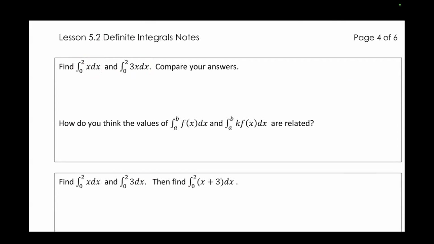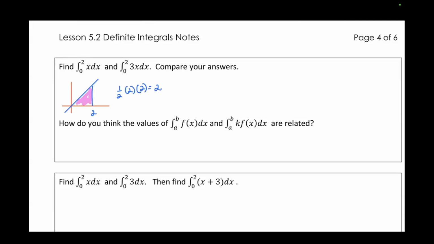The integral from 0 to 2 of x dx. Okay, so that's just this line here. We're going from 0 to 2, so I'm looking at this area. Just a triangle. It's 1/2 the base times the height, which would also be 2. So the answer would be 2.